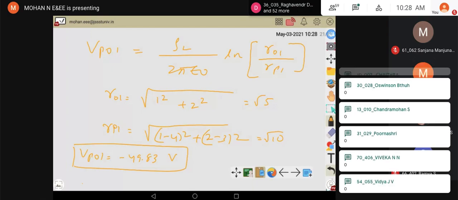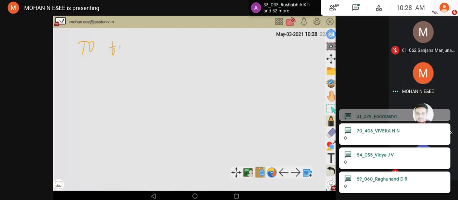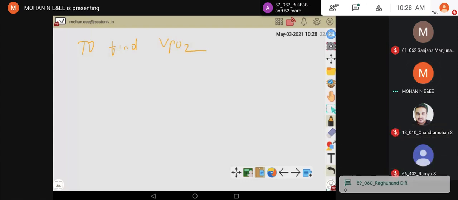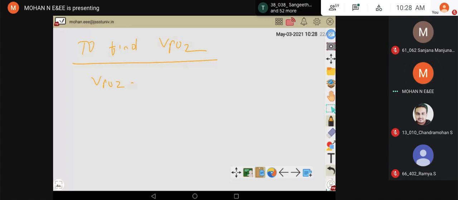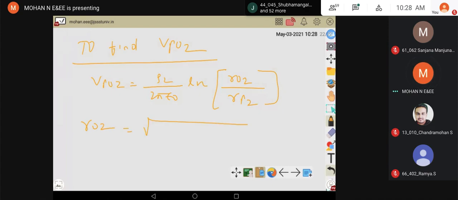Next, we shall move ahead to find VPO2. VPO2 is equal to rho L by 2 pi epsilon naught natural log of RO2 divided by RP2, due to line charge 2. So RO2 is square root of, we have to consider only the x and y coordinates here, 1 square plus 2 square, root 5.